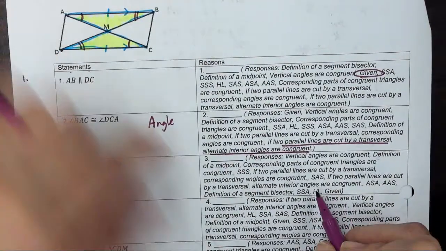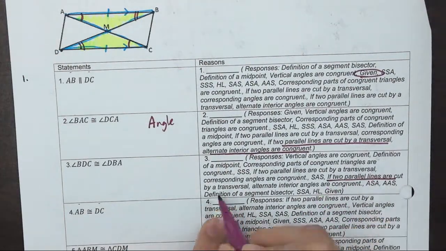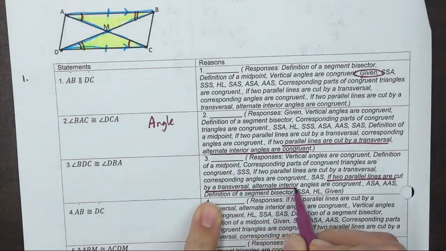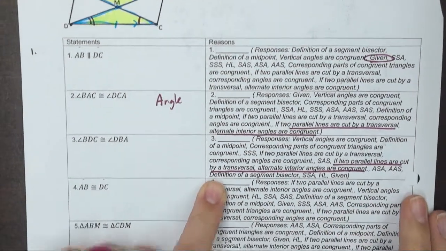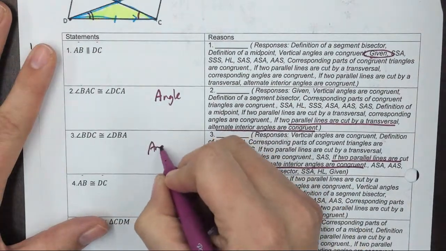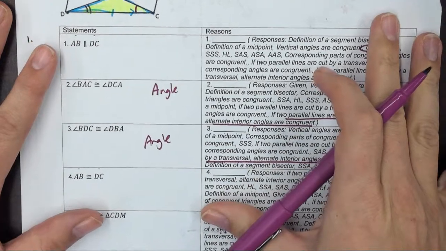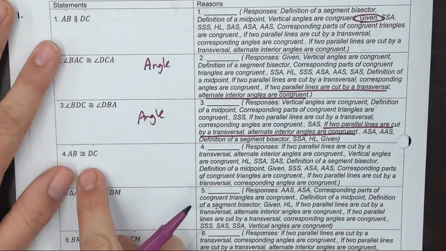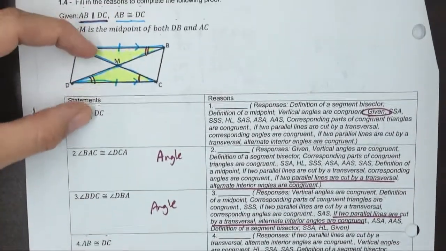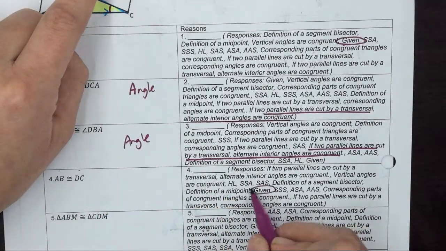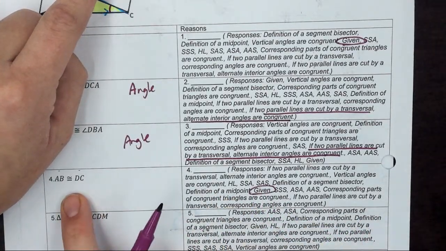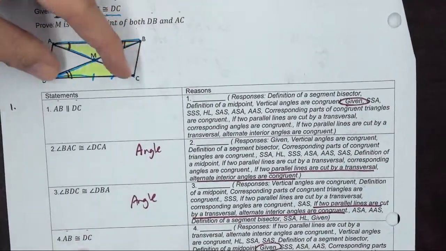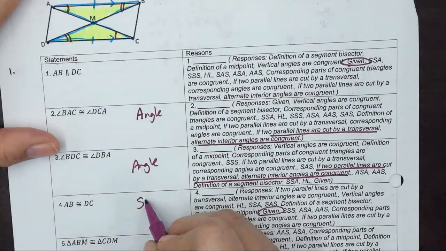If two parallel lines are cut by a transversal, alternate interior angles are congruent as well. So we've got another angle. And now, why is AB congruent to DC? Well, we already labeled that, and that was part of the given. So find out what given, that's the reason. And that's a side.